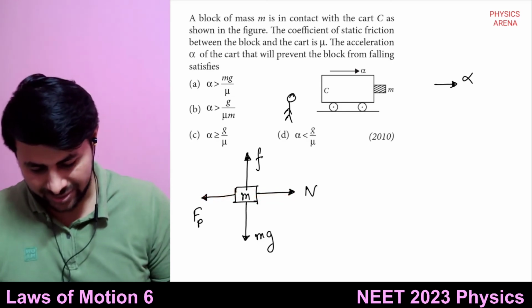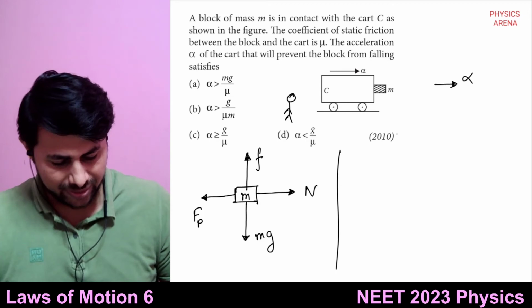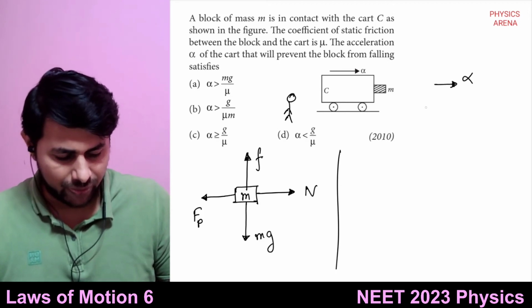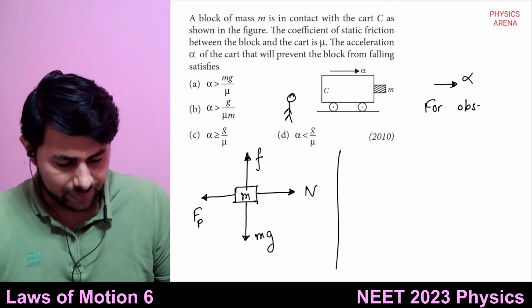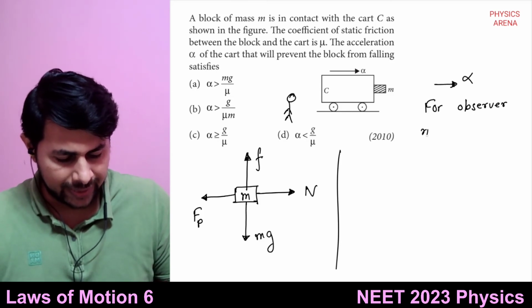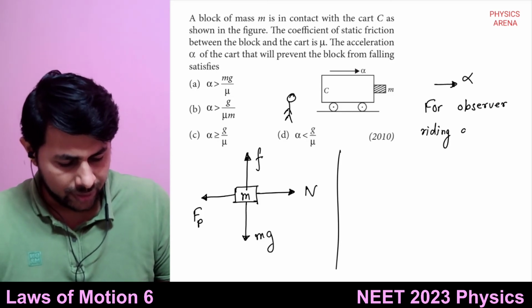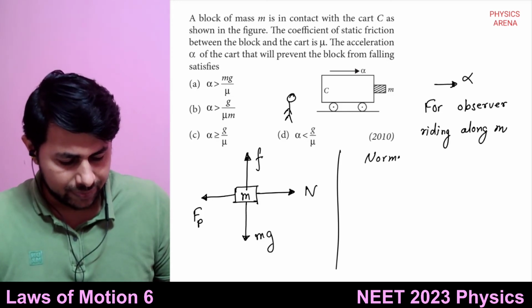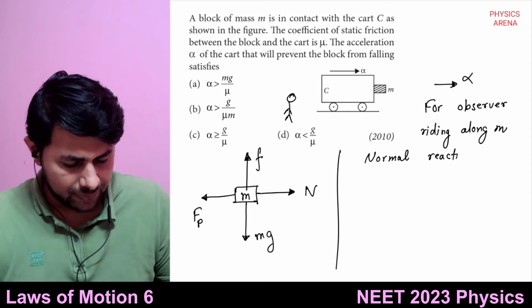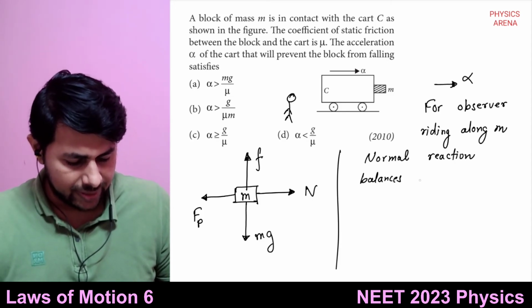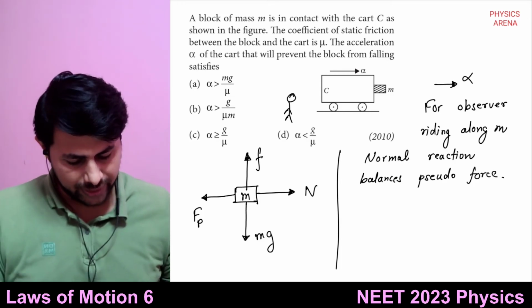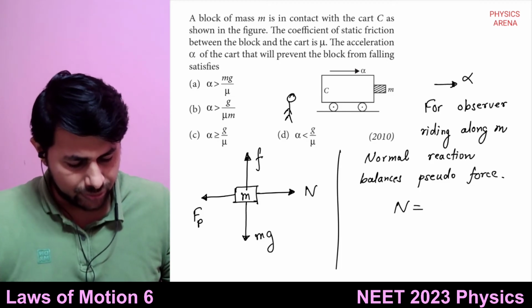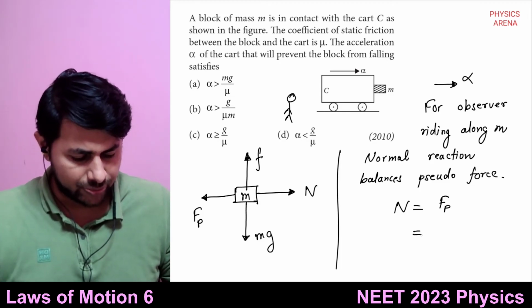Got it? So for the observer riding along with M, normal reaction balances pseudo force. So N is equal to the pseudo force. And how much is the magnitude of pseudo force?